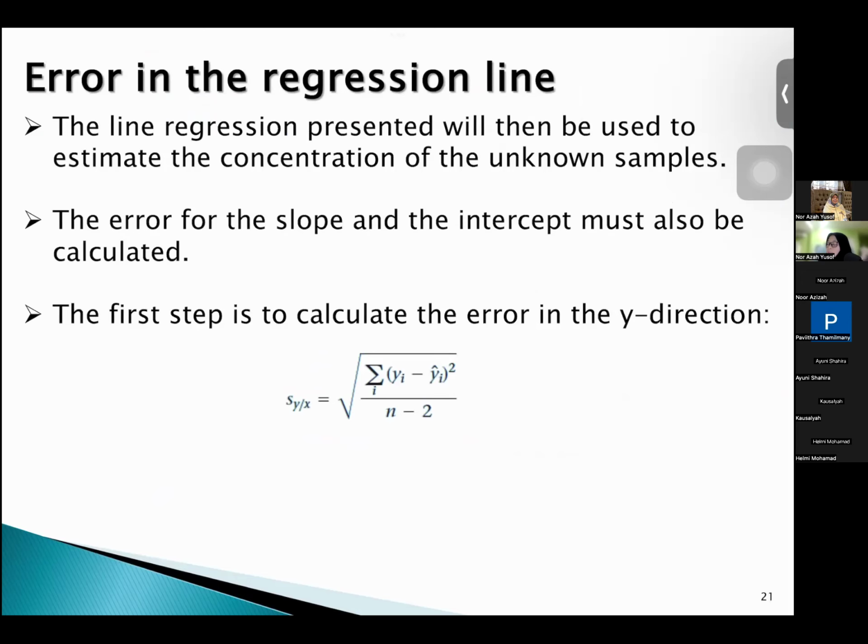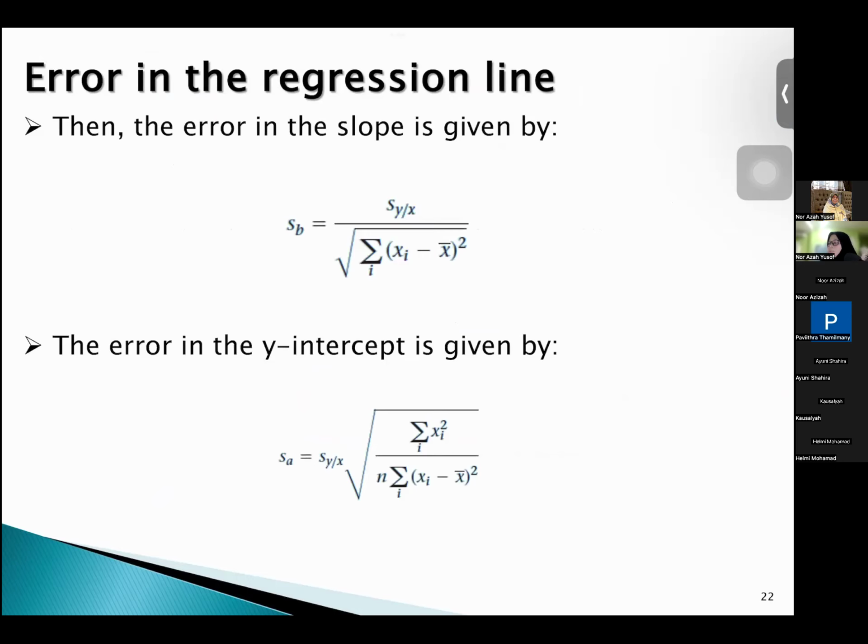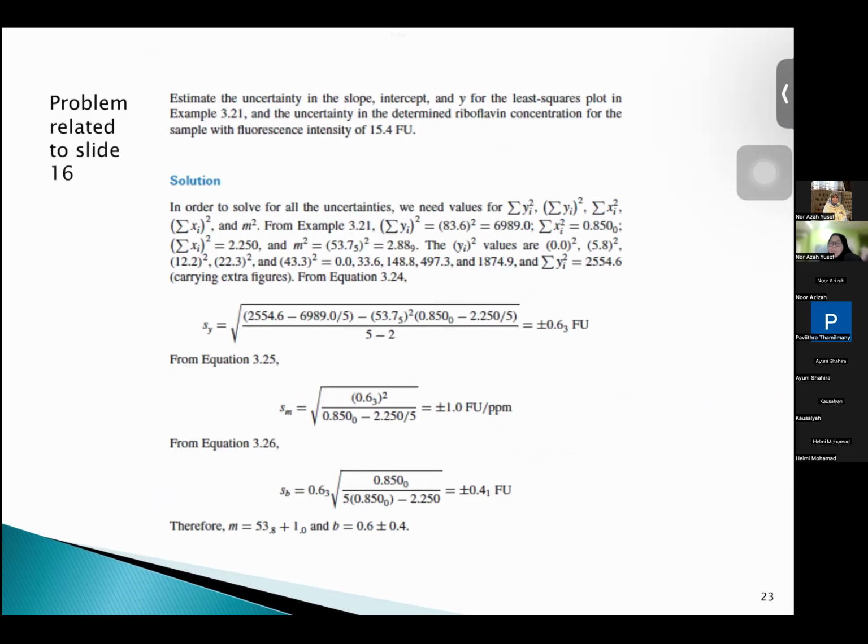So remember about the standard deviation for the Y variable, the standard deviation for B, which is the slope, and the standard deviation for the intercept. If you need to, then you calculate the standard deviation.